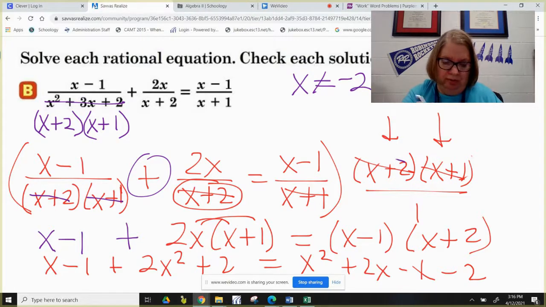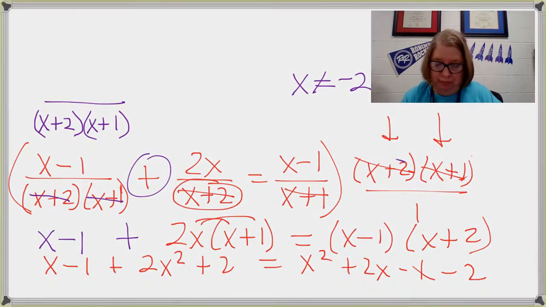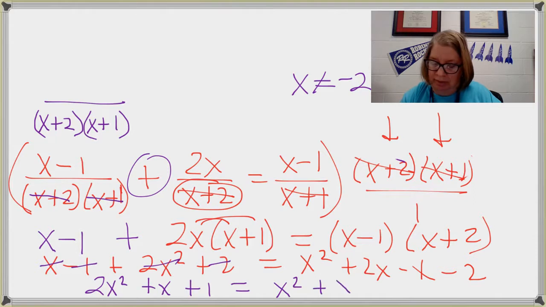Okay, I'm going to go to this background so maybe I have a little more room. Let's try to clean this up a little bit. On this side, I have 2x squared plus x plus 1 equals x squared plus x minus 2.